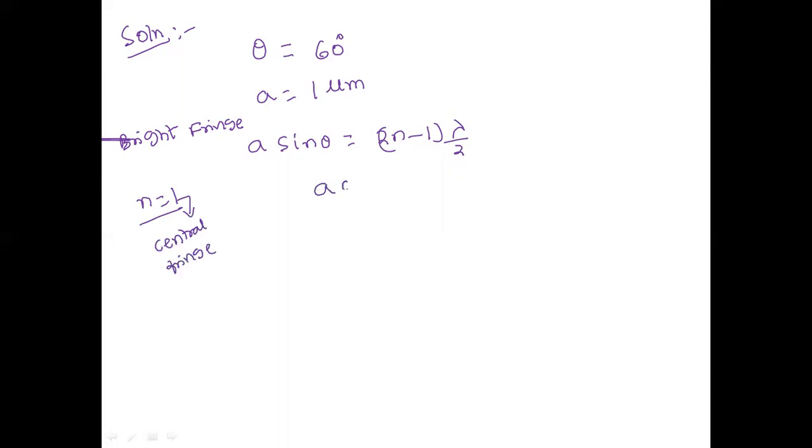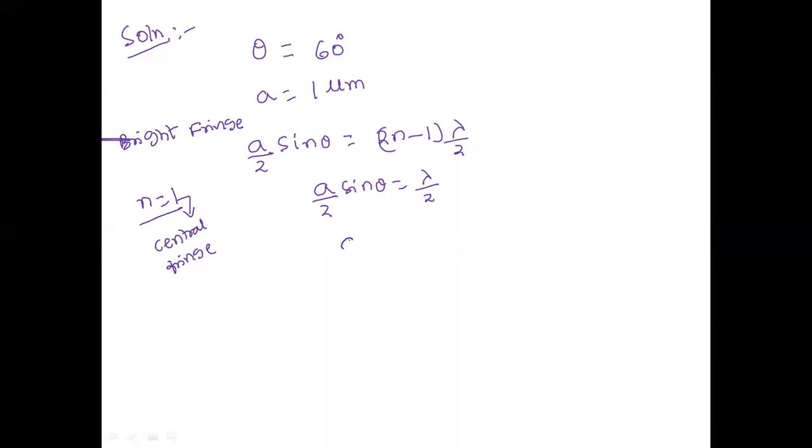That means A sine theta is equal to lambda by 2. So I can find lambda. Now, whenever it is central, we can write the slit width as A by 2.